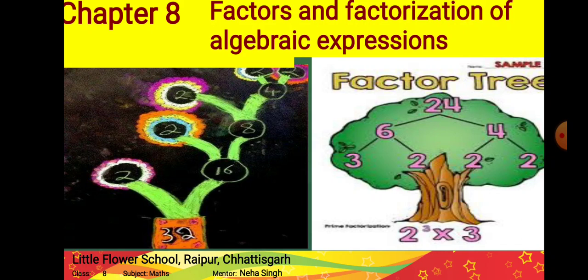See here, when we are talking about factors of 24, right? 6, 3, 2, 4, 2. These are all factors of 24, right? Factors means breaking that number into smaller numbers, right? Suppose 6 fours are 24, so 6 and 4 are factors of 24.